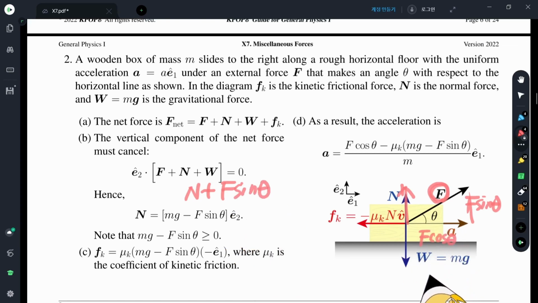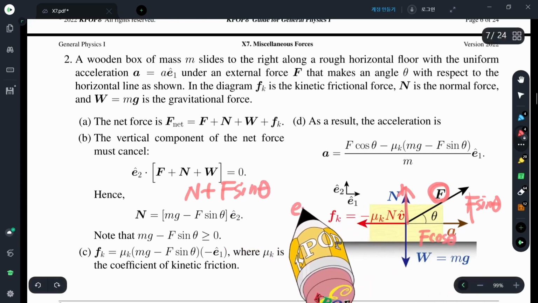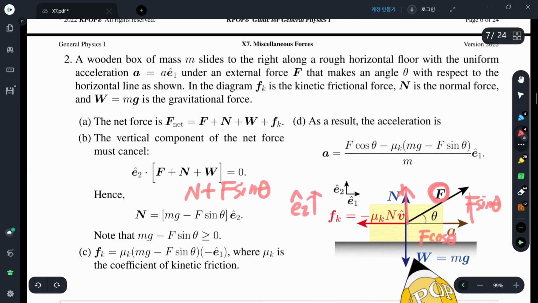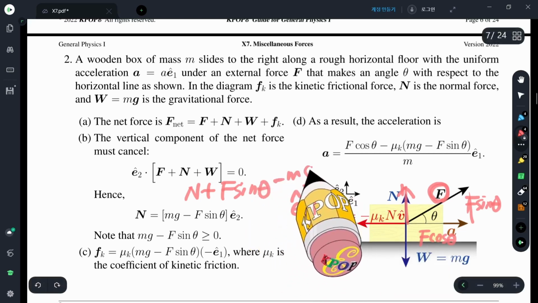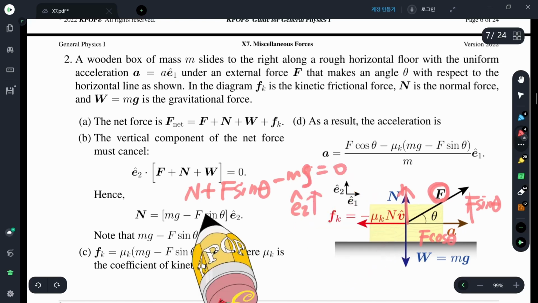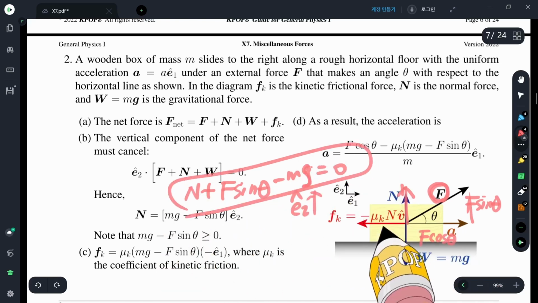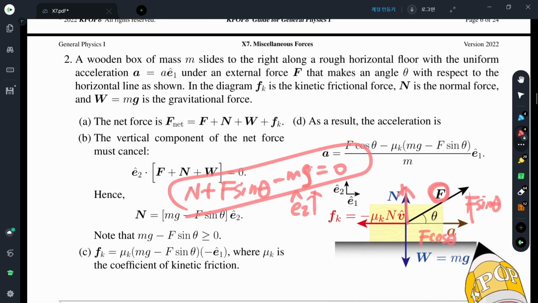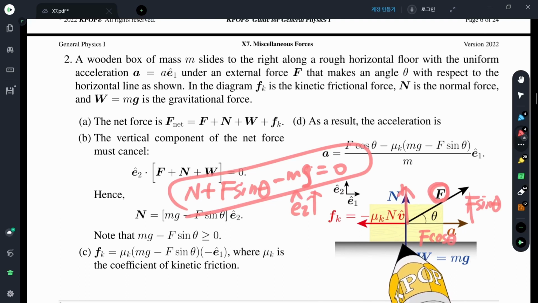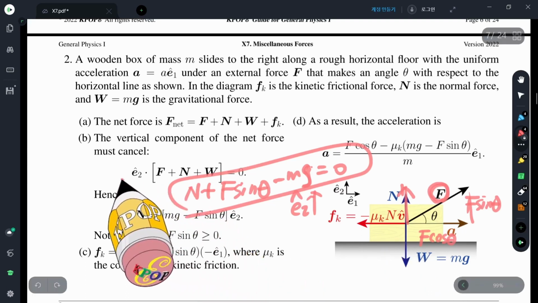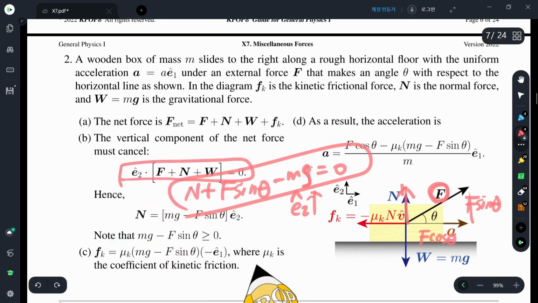And the weight, if we choose e2 to be upward, mg is applied here to cancel the vertical direction relative to the surface. Hence we have this kind of constraint.